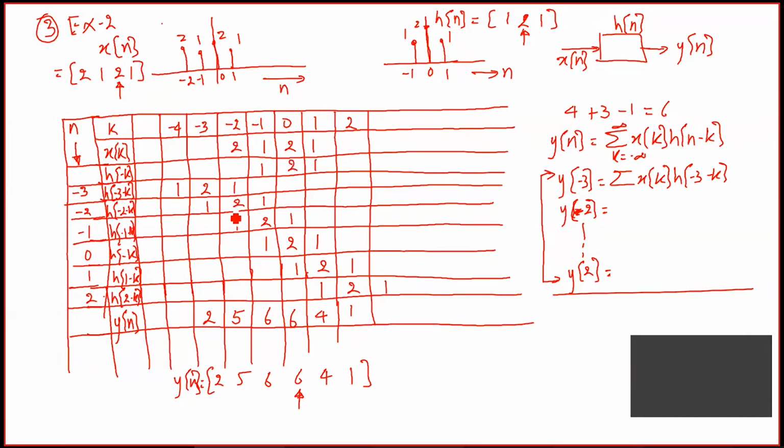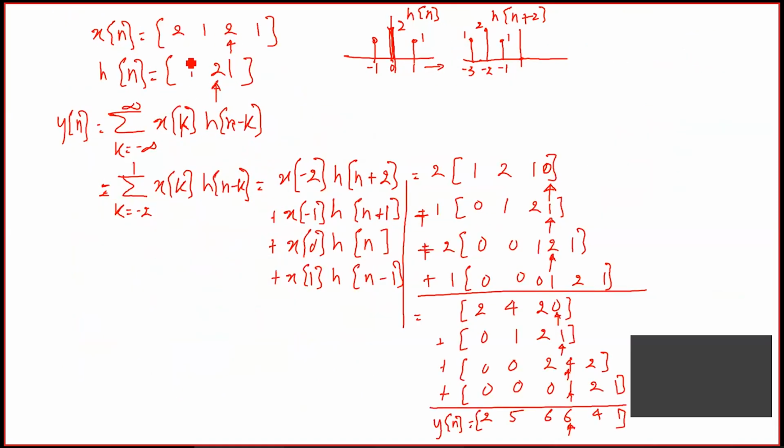Similarly, we keep doing the dot products and we end up getting our answer right here. So this is the flip and shift method. If you solve the same question using the second method, which was simply application of the formula, you end up getting the same answer.